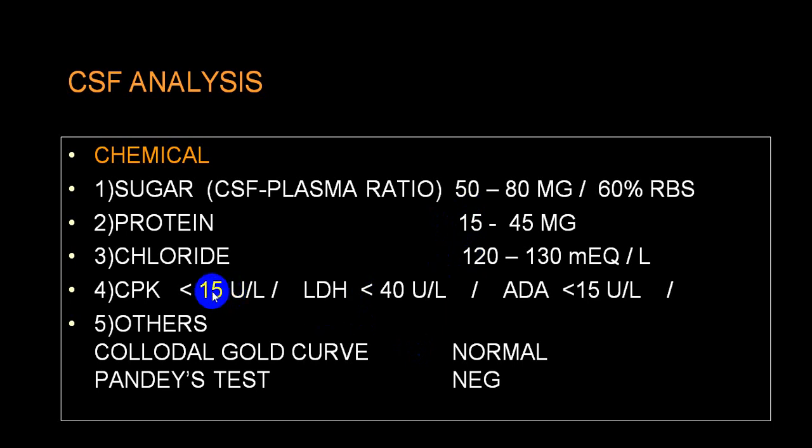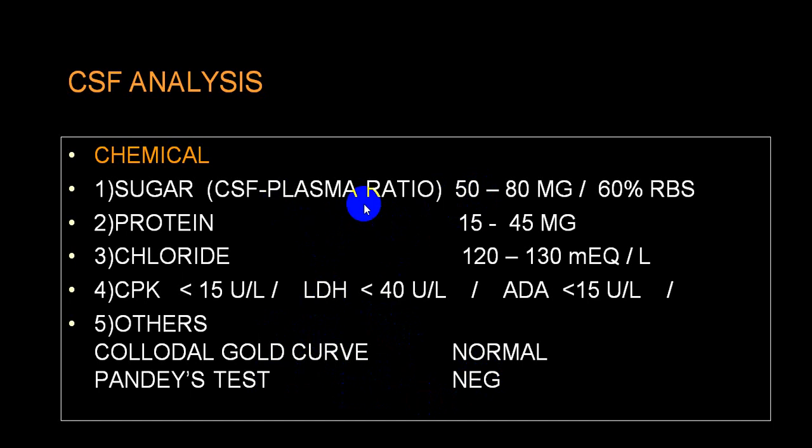If you look at certain other materials, CPK is less than 15, LDH is less than 40, and ADA, adenosine deaminase, is less than 15. Usually, as we don't get protein, the colloidal gold curve and Pandy's test are always negative. So protein content is very less and there is a little amount of sugar present in CSF.